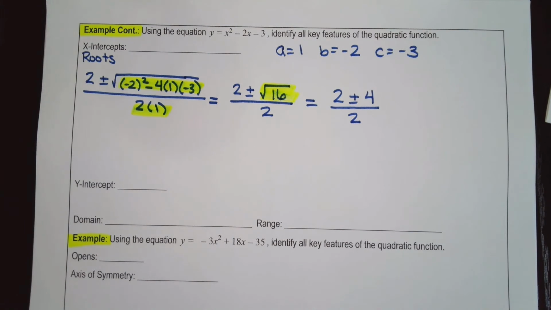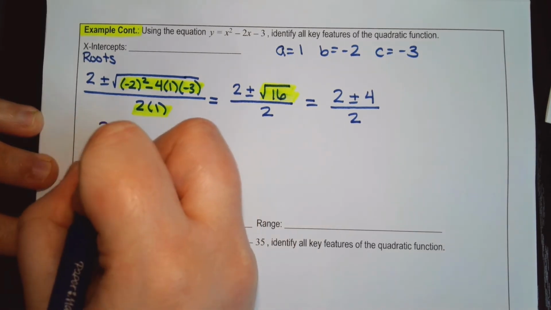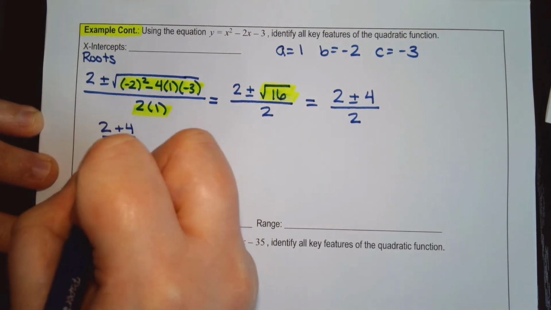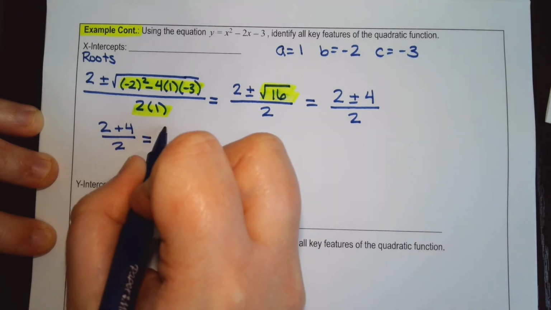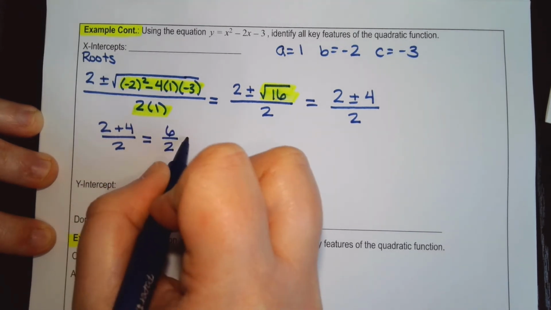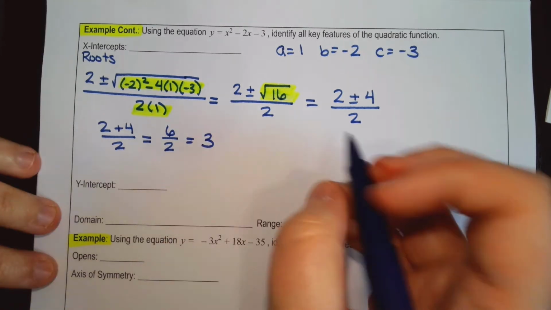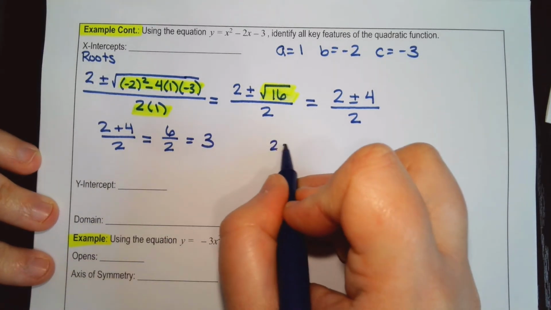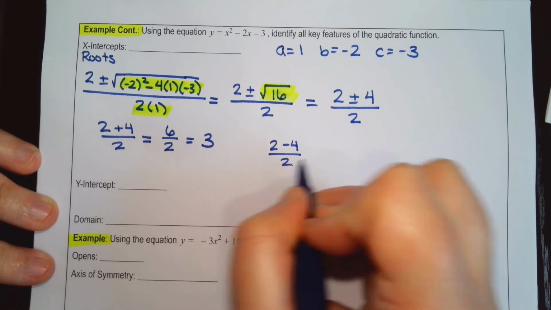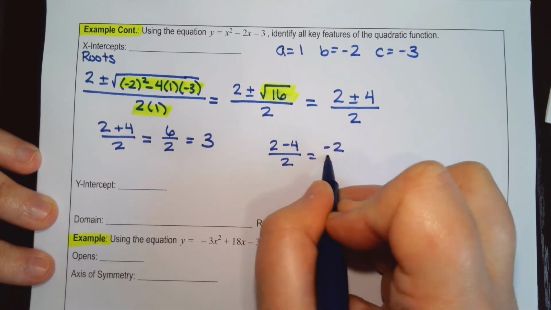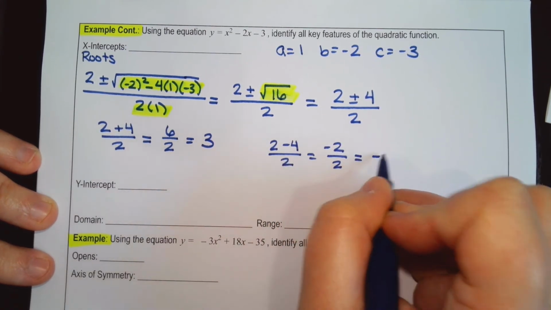Since it was a perfect square, we are now going to separate and simplify. So we have 2 plus 4 all over 2, which is equal to 6 over 2, which is equal to 3. And then 2 minus 4 over 2 is equal to negative 2 over 2, which is equal to negative 1.